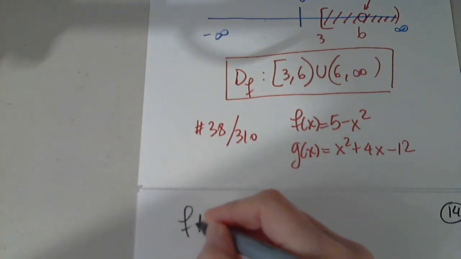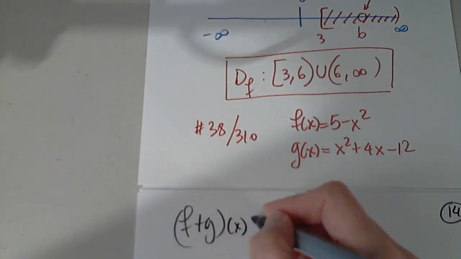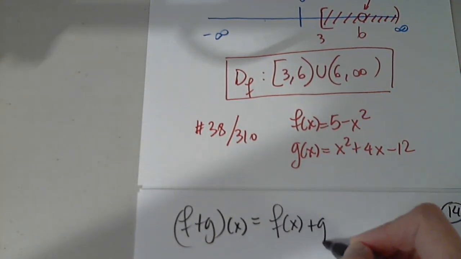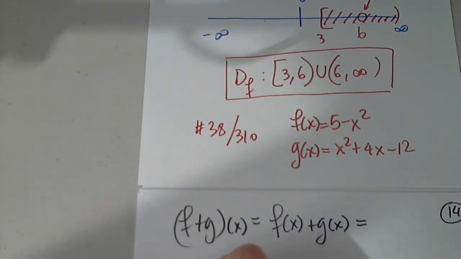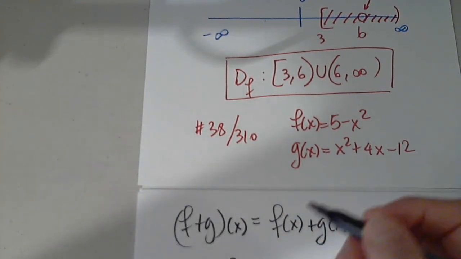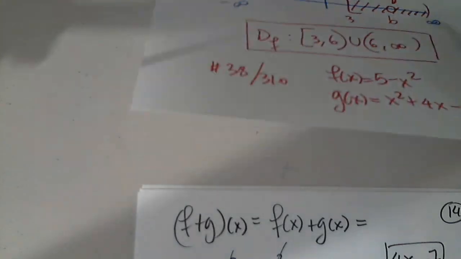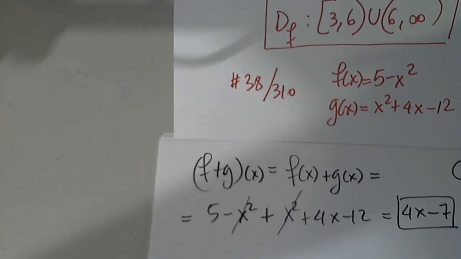So we're asked to find f plus g of x, which by definition is f of x plus g of x. I copy f of x, plus I copy g of x. Combine like terms, I get 4x minus 7. This is the sum of those two functions.